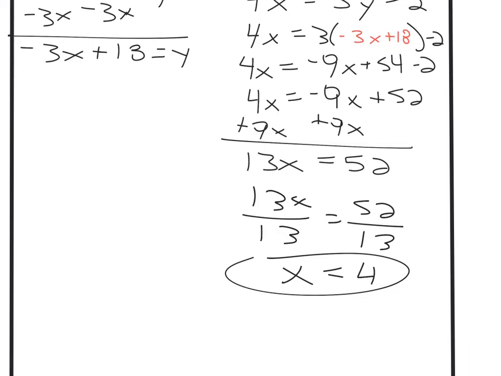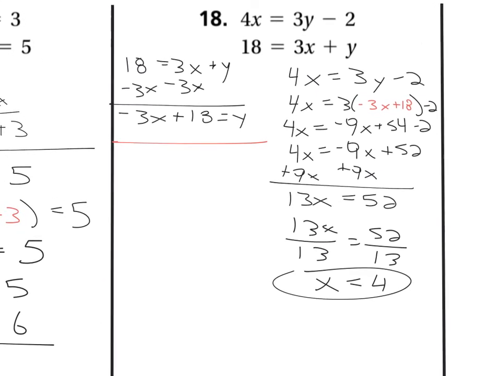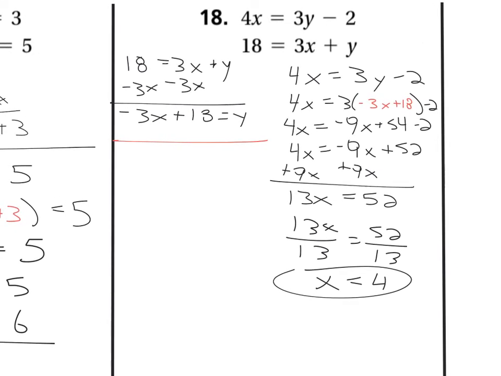And of course, we need to still solve for y, so what I think we can do here is take the other equation. We just used 4x equals 3y minus 2. We will now take this equation, 18 equals 3x plus y, and we will substitute x with 4.